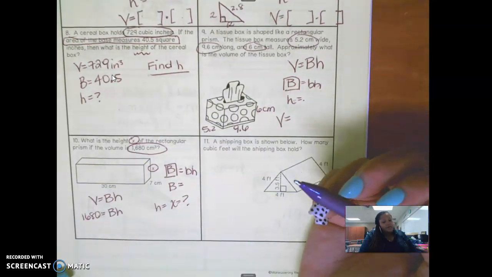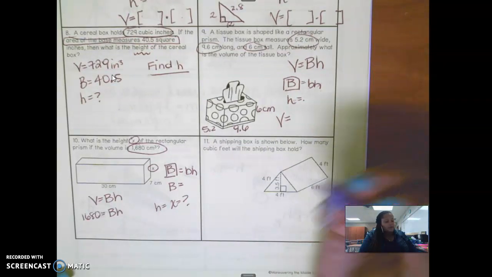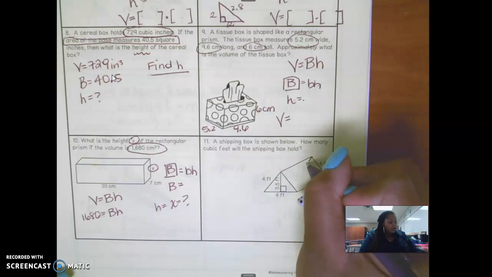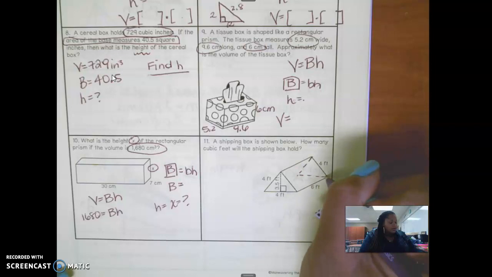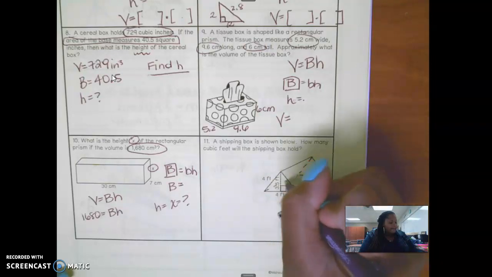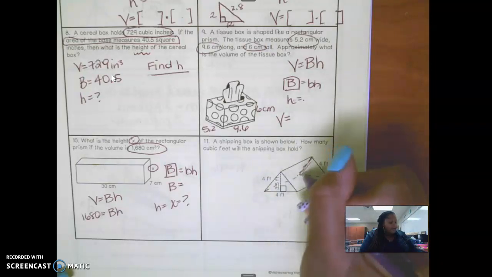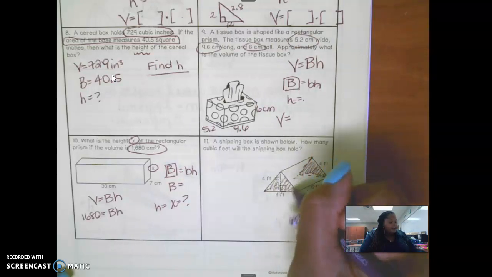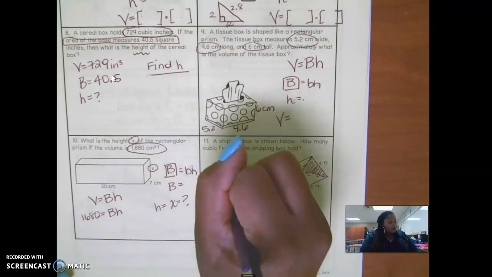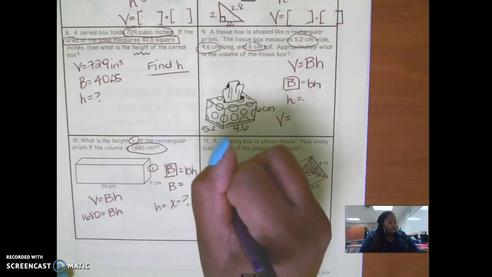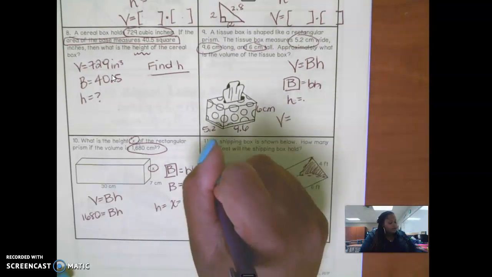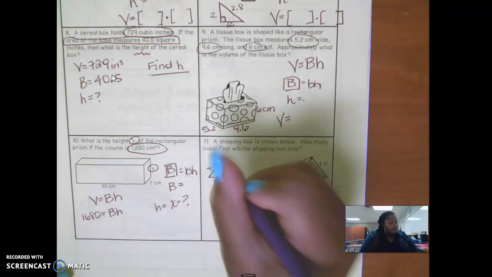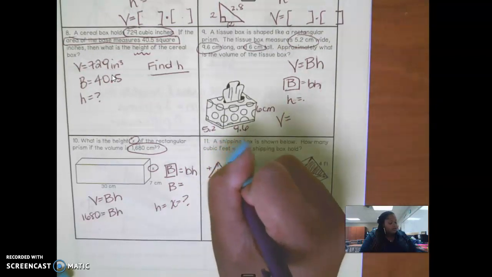Number 11. It says a shipping box is shown below. How many cubic feet will the shipping box hold? I'm going to draw the rest of my triangular prism here. Shade on my bases. My triangle looks like this. 4, 4, and 3.5.